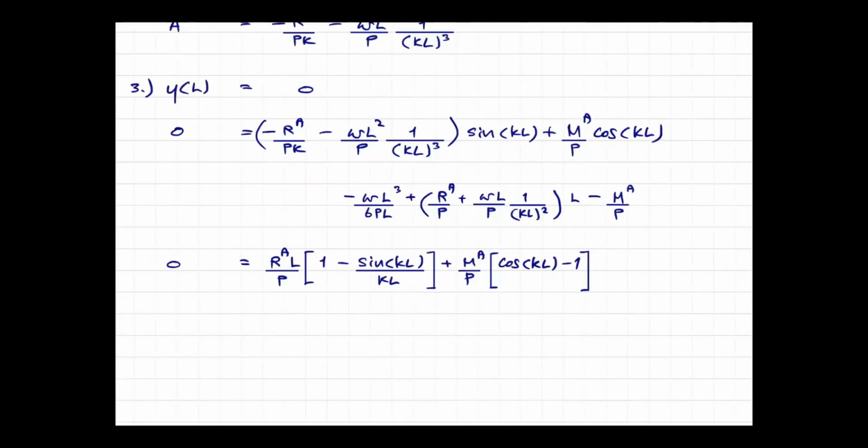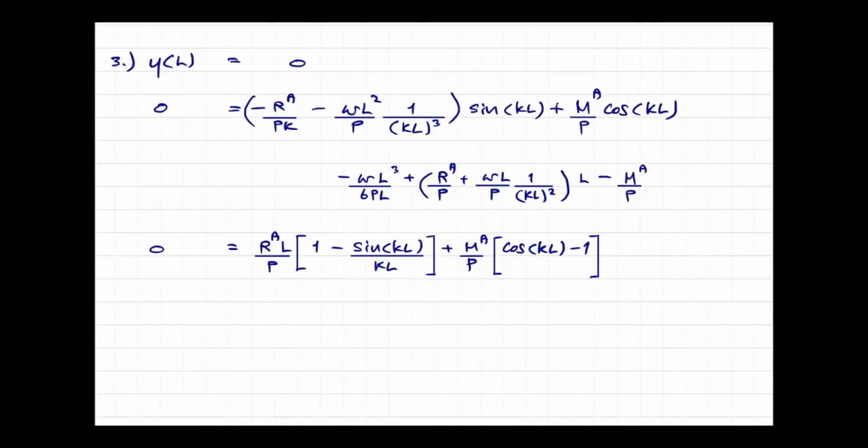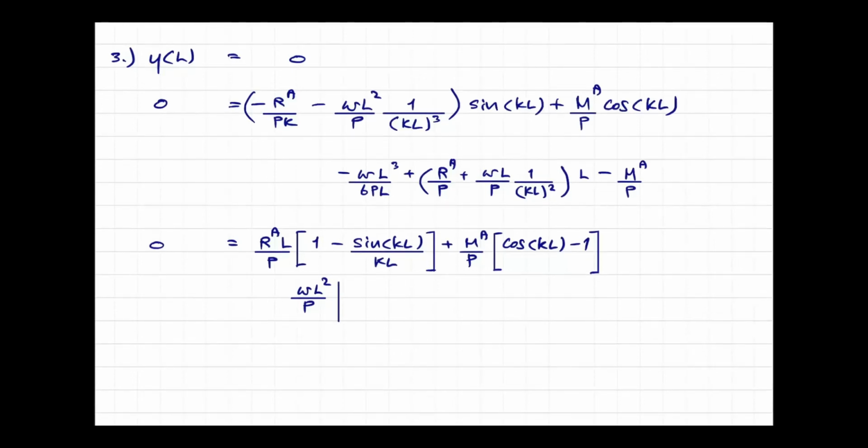And next we need WL square over P term. WL square over P length scale multiply by WL square over P. Okay. First, 1 over KL square.